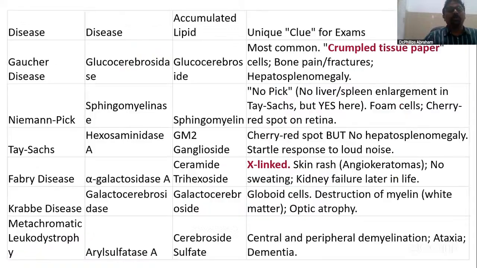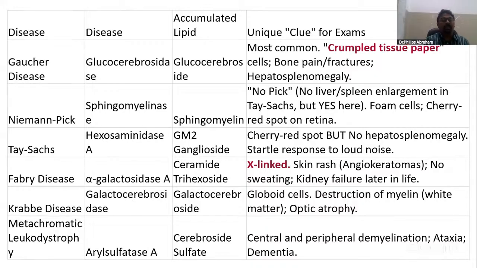I'll go through some more disease conditions. Gaucher's disease: glucocerebroside is accumulating, and glucocerebrosidase is the enzyme deficient. In the cells, histopathology studies show a crumpled tissue paper appearance. That's a feature. Niemann-Pick disease, sphingomyelinase deficiency. Study the name of the enzyme. Tay-Sachs disease, hexosaminidase. And the next one is another unique one: Fabry's disease is the only one which is X-linked.